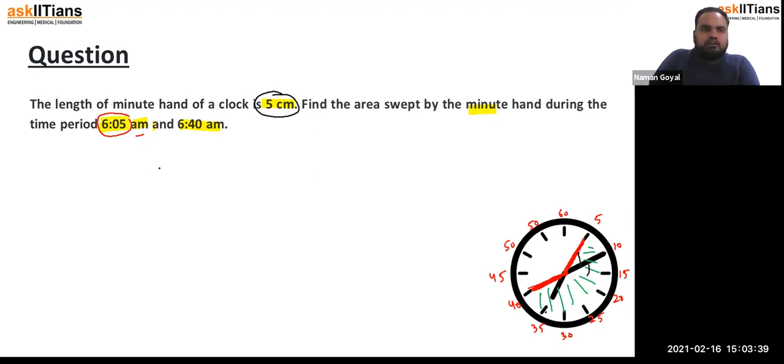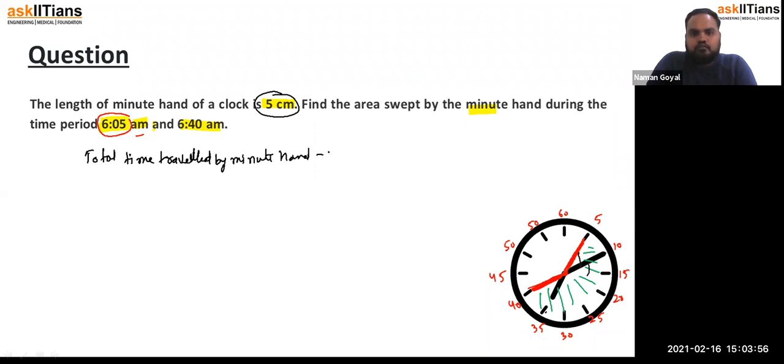So the total time traveled by the minute hand is 35 minutes, right? And we know that in 1 minute it covers how many degrees? In 1 minute it covers 6 degrees.